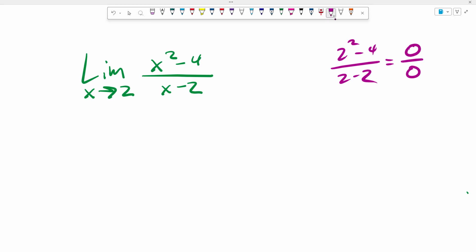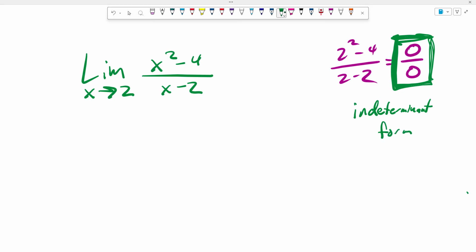However, this is very important. Anytime you do direct substitution in the context of a limit and get 0 over 0, this is called an indeterminate form. Why is it called an indeterminate form?